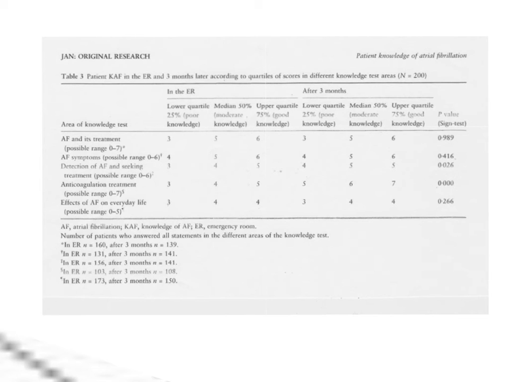The scores went from 3, 4, 5 at the ER visit, to 4, 5 and 5 at the 3-month visit. And this was significant at 0.026, and we're going to be discussing p-values in another module.